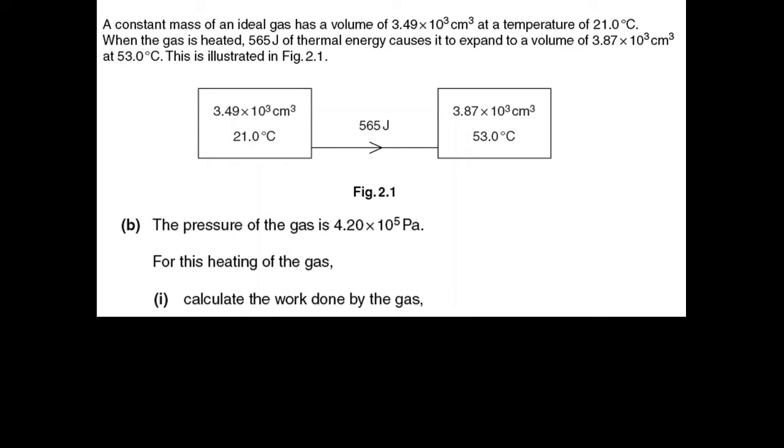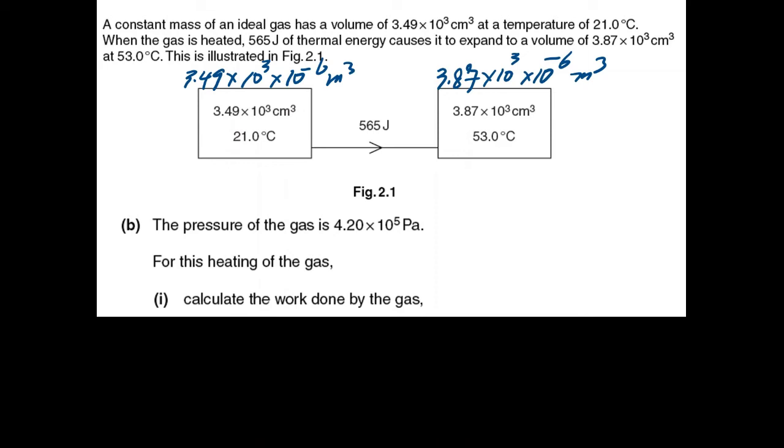For this heating of a gas, calculate the work done by the gas. For constant pressure, work done is equal to pressure times change in volume. However, we need to convert cubic centimeter into cubic meter. 3.49 times 10 to 3 times 10 to minus 6 cubic meter. Similarly, 3.87 times 10 to 3 times 10 to minus 6 cubic meter.